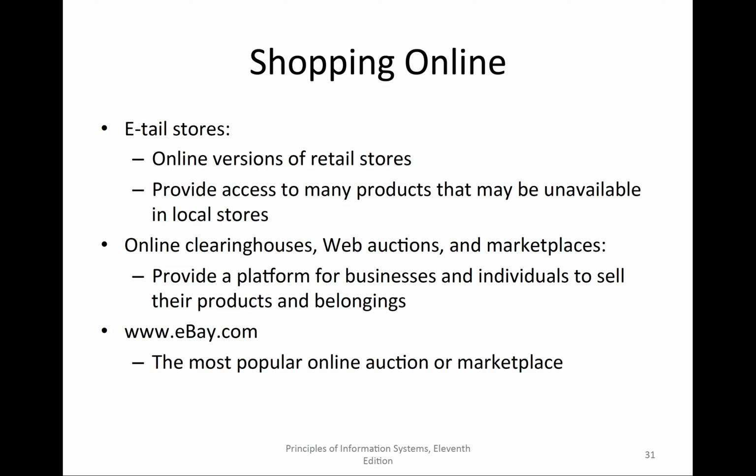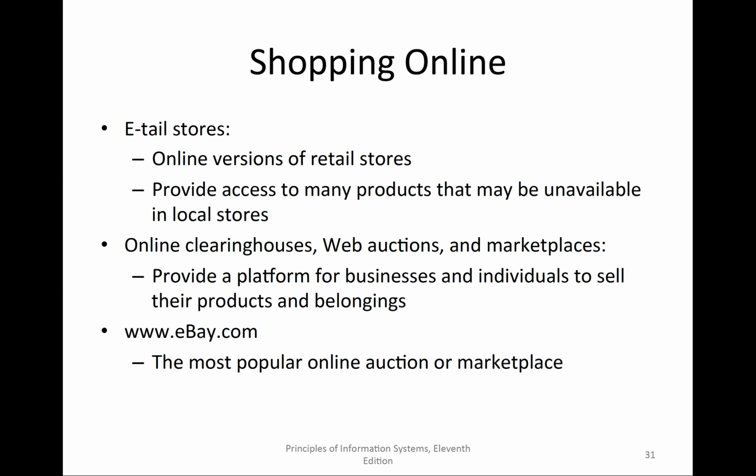Okay, shopping online. E-tail stores. Amazon is the winner, also a gainer due to COVID-19. Online versions of retail stores provide access to many products that might be unavailable in local stores. As it is online, you can include lots of products there, okay?